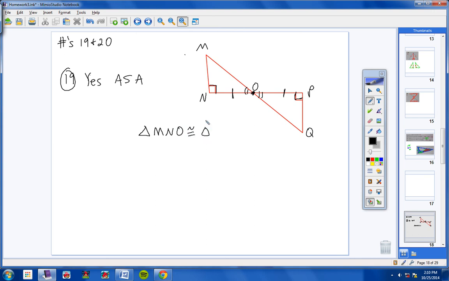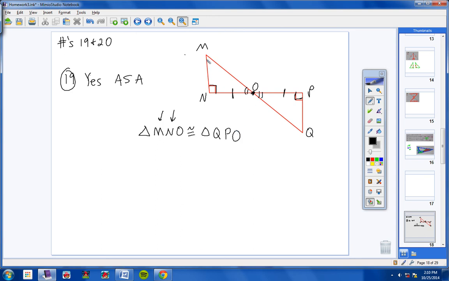is congruent to triangle. Now, M is first, it has no mark. Which angle over here has no mark? Q. N is second, N's a right angle. Which angle is the right angle over here? P. And then, of course, O has 2 marks. So what angle has 2 marks over here?